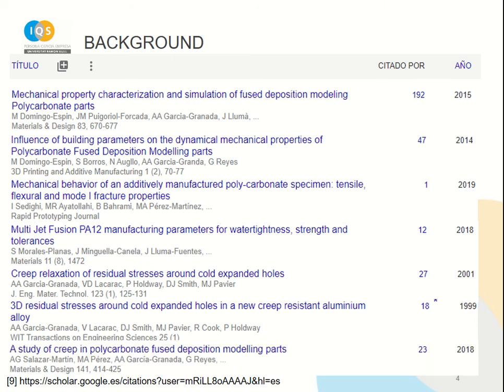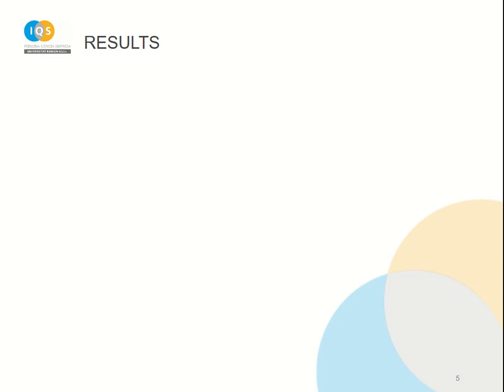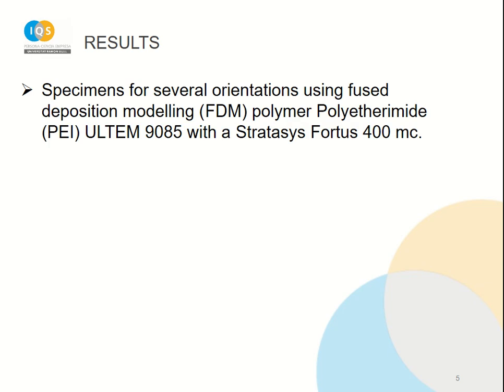We already have a paper studying creep in 3D printed parts, in this case in polycarbonate, where we did strain accumulation.